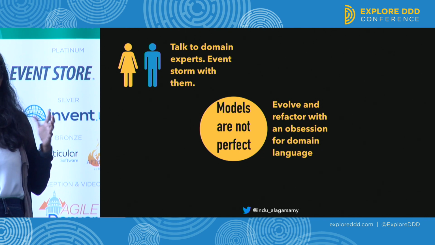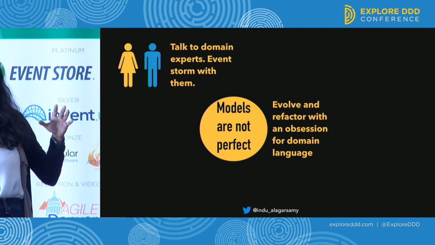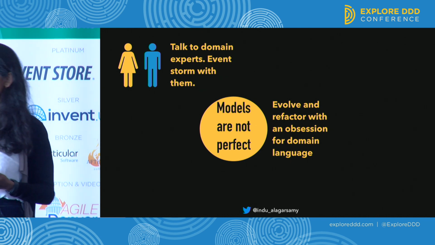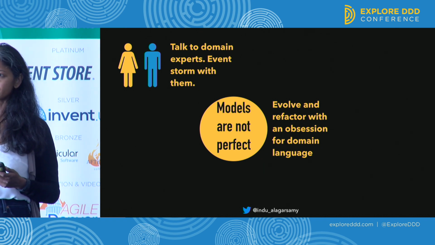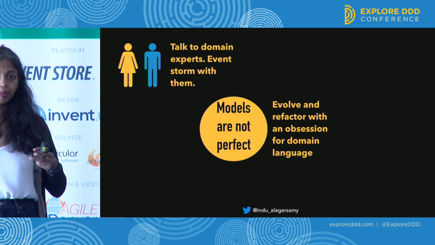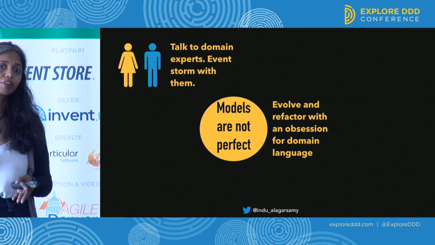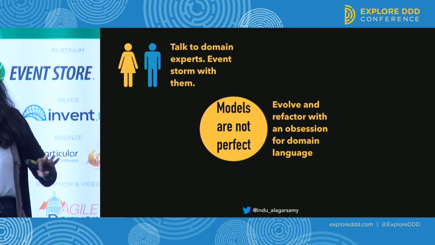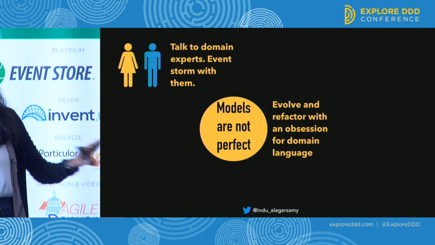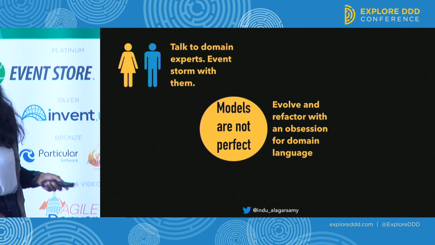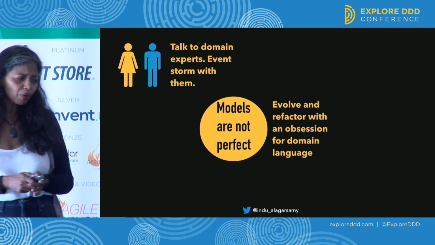And maybe once you do an event storming session of your current working software, the domain expert might look and say, wait, why are you doing that over here? It should not behave that way. Those conversations are important because they help us identify where our code and models are diverging, or have already diverged, from what the business is actually asking us to do. So that is super important.